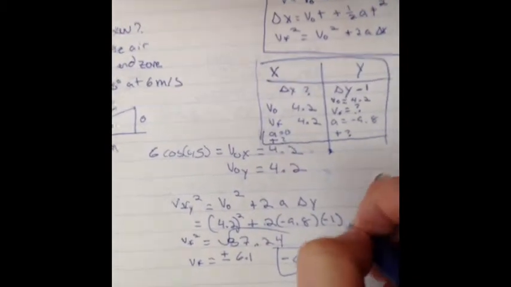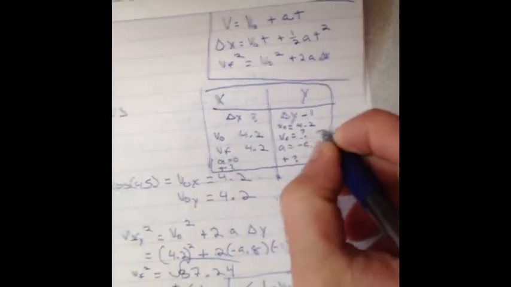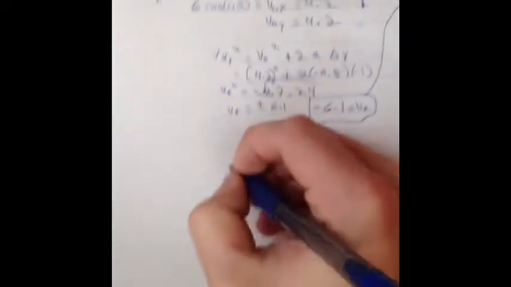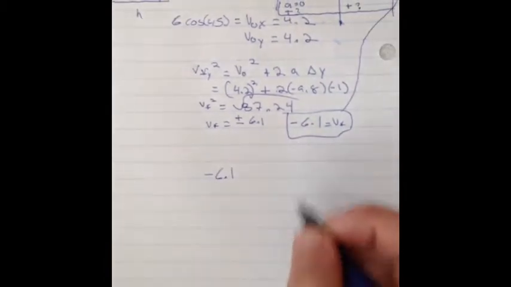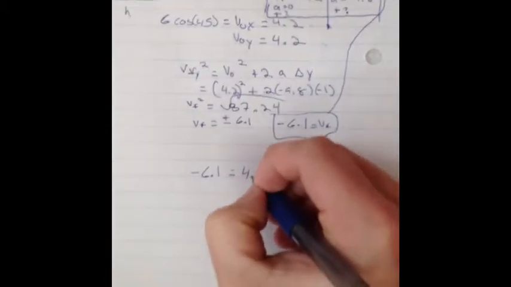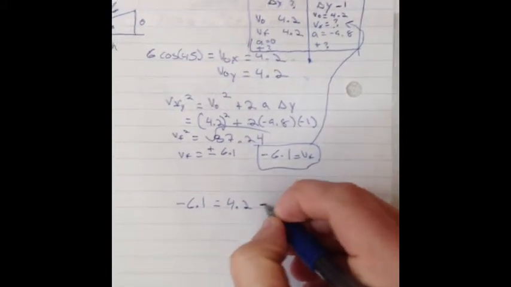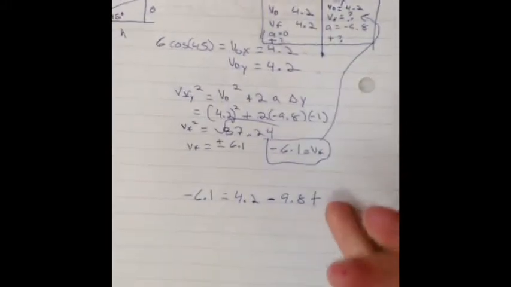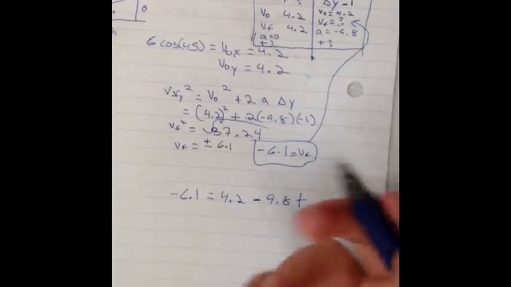So now we can plug this back into our table, and now that we have this, let's go to the first equation. So we know that velocity final in y is negative 6.1. The velocity initial is 4.2. The acceleration is negative 9.8, and the time we do not know, so we're finding the time right now.